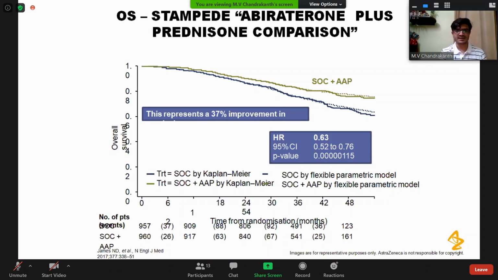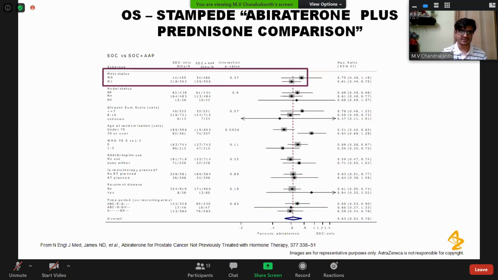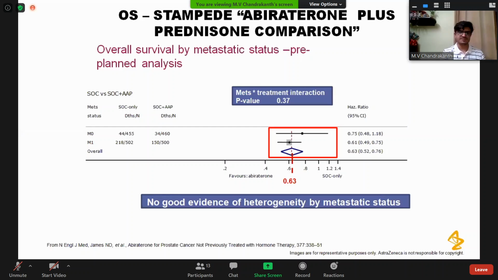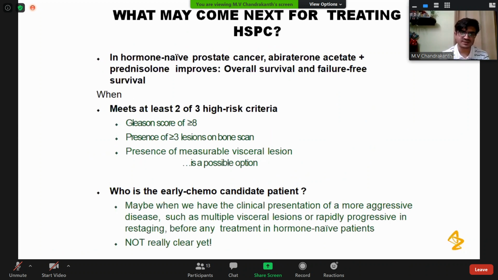Again, the STAMPEDE trial has also shown abiraterone to be effective in the hormone-sensitive setting, and we can see all the subgroups in which it has been effective. The LATITUDE study has also shown that abiraterone plus prednisolone is effective in the hormone-sensitive subgroup.